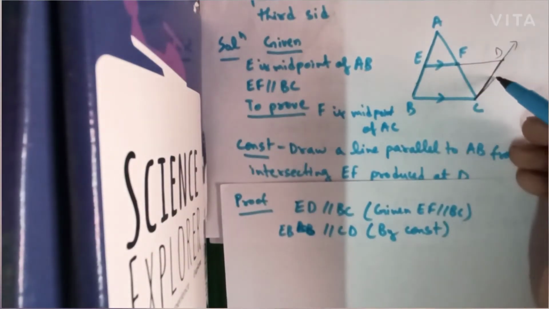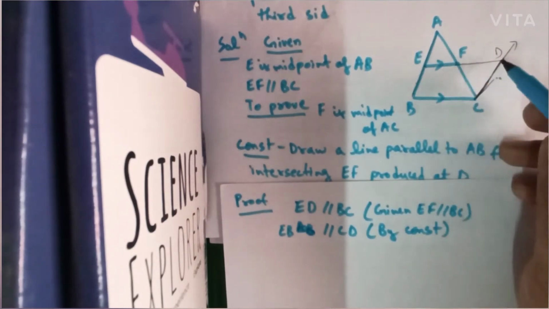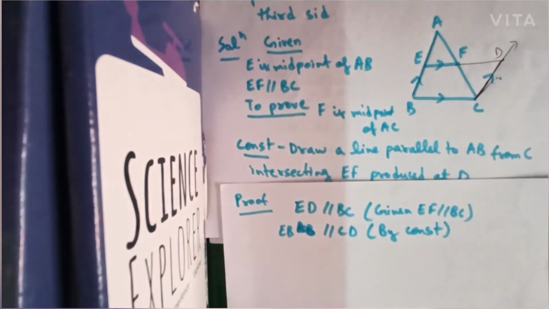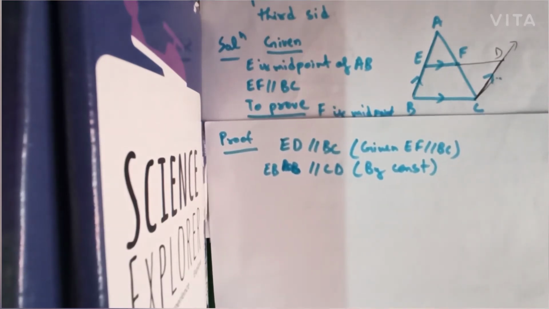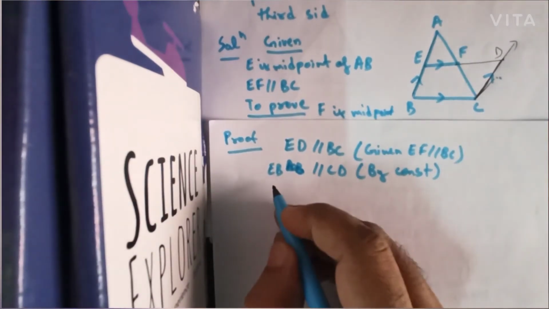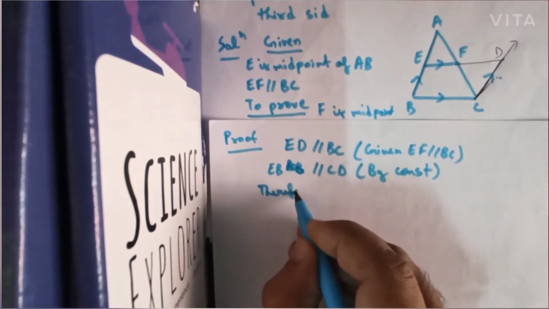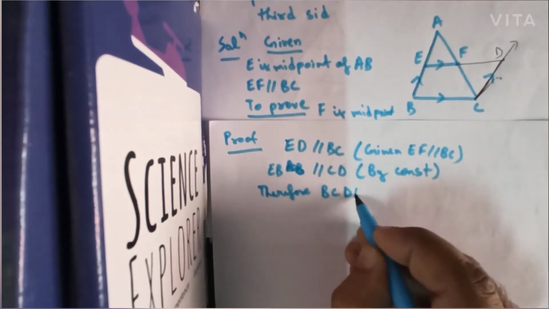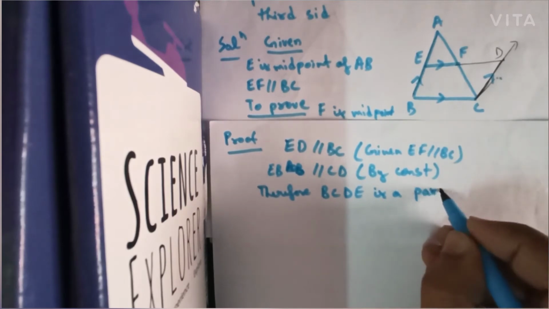EB is parallel to CD and ED is parallel to BC. In a quadrilateral, if both pairs of opposite sides are parallel, then it is a parallelogram. Therefore BCDE is a parallelogram.